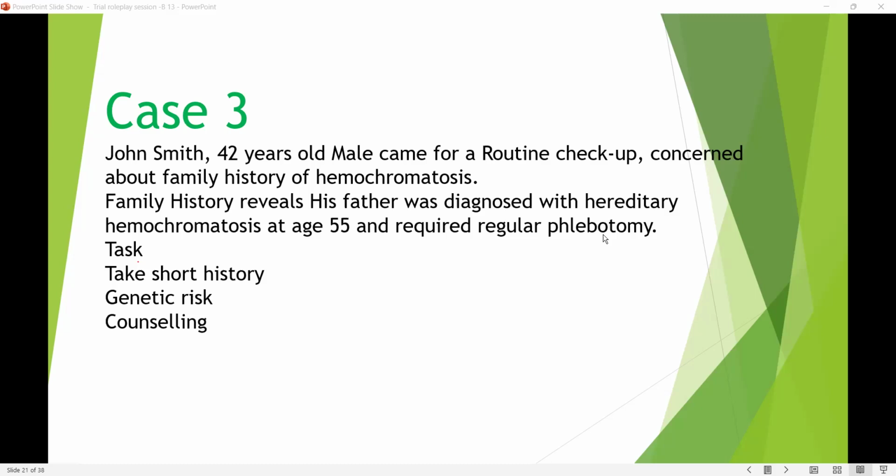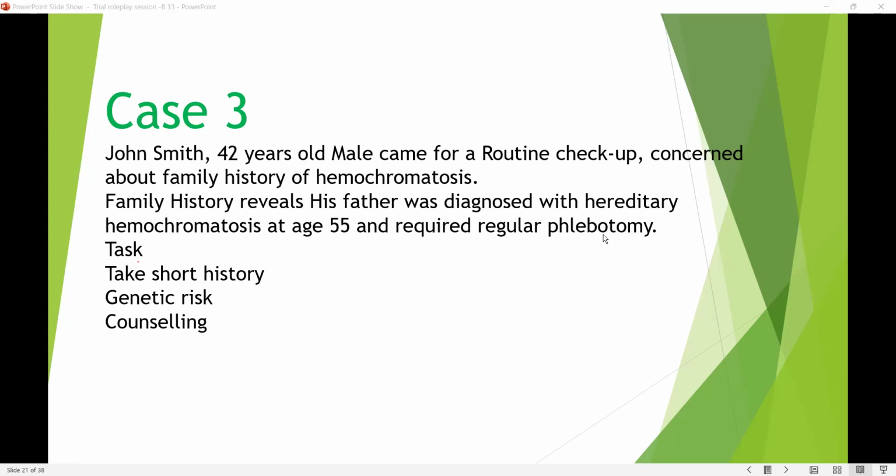Can you tell me, do you smoke or drink alcohol? I do, doctor. How much do you drink? Maybe 1 to 2 glasses. Have you ever had any liver problems before? No, doctor.